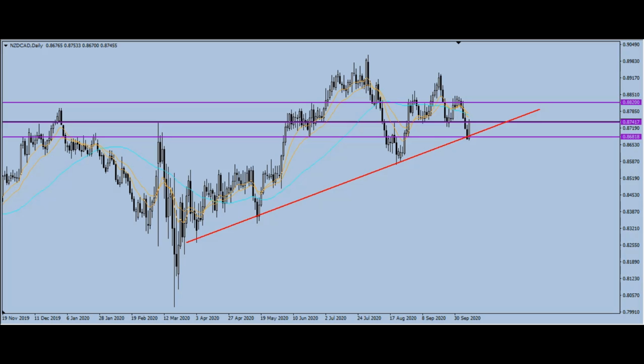This is the daily time frame, and what you can immediately see is this red ascending trend line which is right on my chart. This trend line has actually directed price over the last few weeks or months.